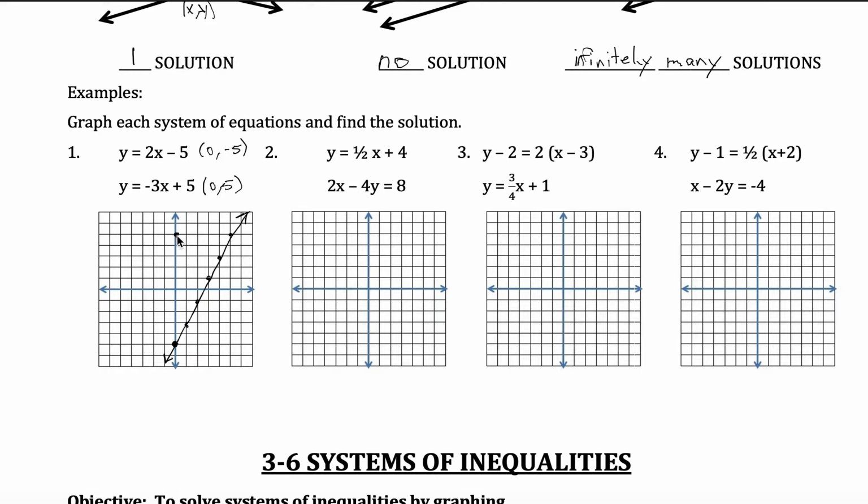So we have 0, 5. And then we have a slope of negative 3. So that would be negative 3 over 1. So we go down 1, 2, 3 to the right 1. Then we can go ahead and connect those points.